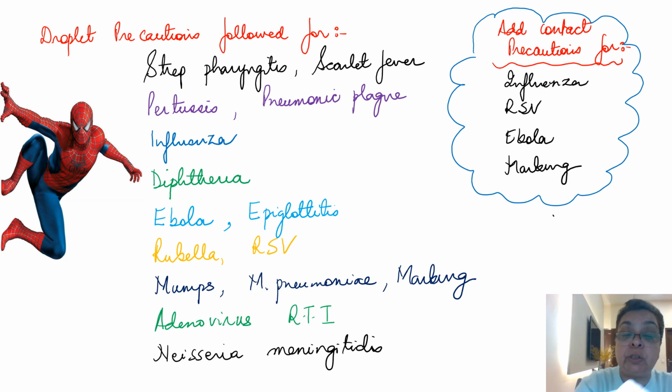S standing for strep pharyngitis and scarlet fever, P standing for pertussis and pneumonic plague, I for influenza, D for diphtheria, E for Ebola and epiglottitis, R for rubella and respiratory syncytial virus, N for mumps, mycoplasma pneumoniae infection, and Marburg virus, then respiratory tract infections due to adenoviruses and Neisseria meningitidis, whether it is simply meningitis or meningococcemia.